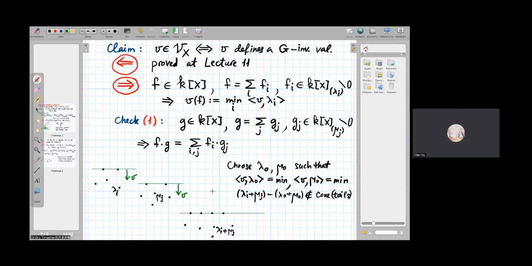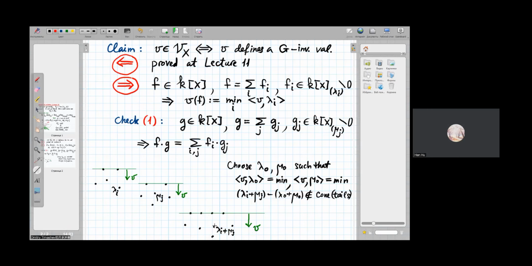So this is my v here. Here I should choose a bold line. This is my v. And if I consider the cone spanned by the vectors opposite to tails, then it is a pointed cone.